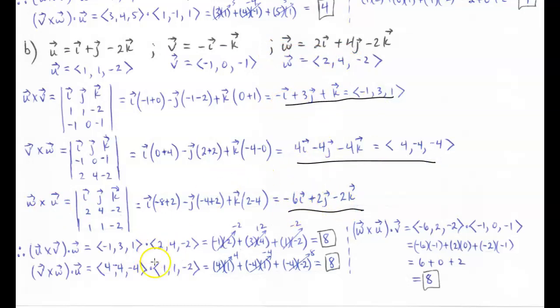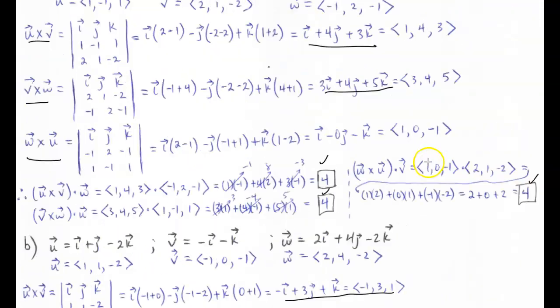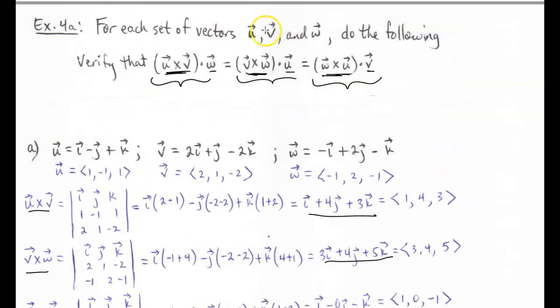And then, of course, when we do the dot product for u cross v dot w, v cross w dot u, and w cross u dot v, we see that we get 8 each and every time. So this takes care of verifying that this property is true.